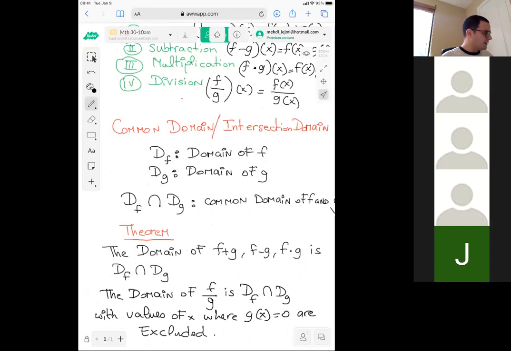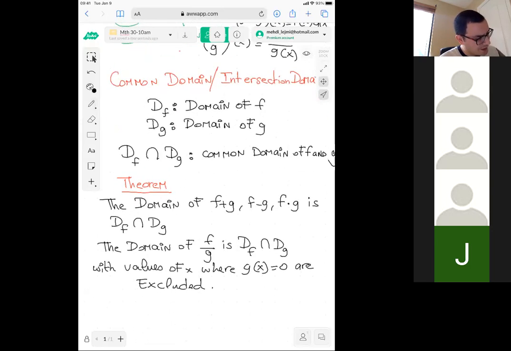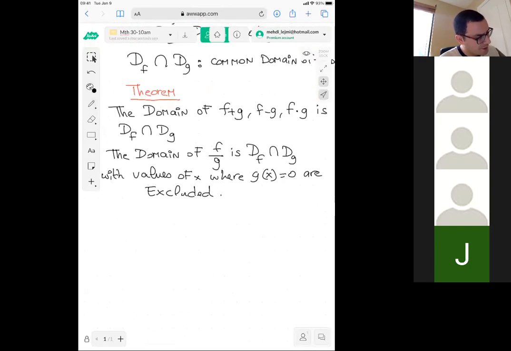Now let me do an example to show you how to find this common domain again. So here's an example for the exercise.